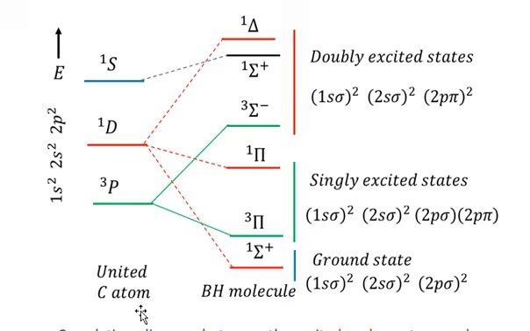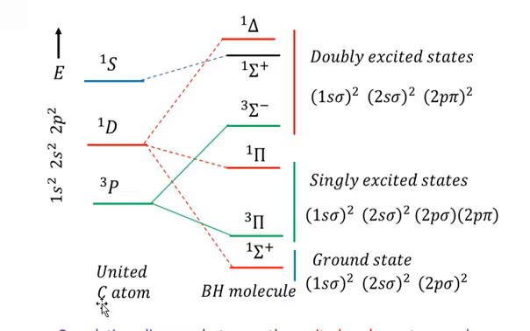So first of all, see the united carbon atom. It has 3 states, 3P, 1D and 1S. This is not the molecule, but the single carbon atom. You may consider this as the united carbon atom.